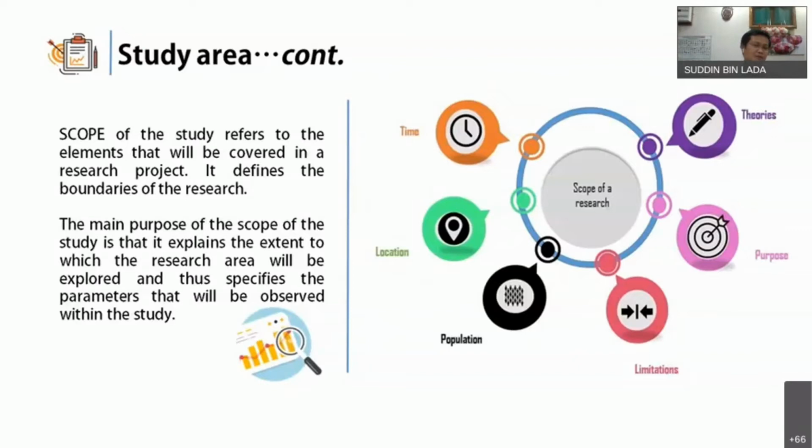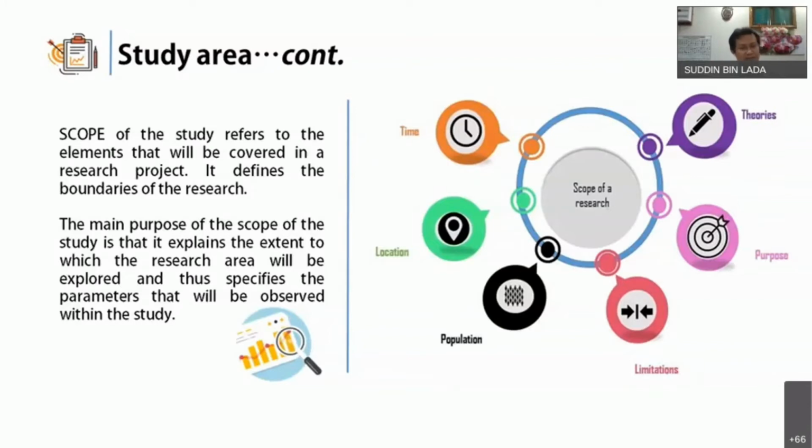You can go for theories or you can go for purpose. For the limitation of the study, maybe you can scope or limit your population or location or even time. For instance, accounting and economics are very interested in time series analysis, so we can go for time. Or maybe for location.